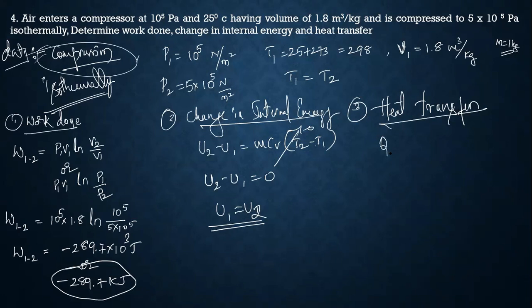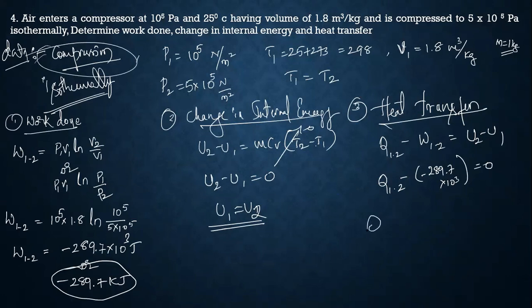Next, the third one is heat transfer. After applying the first law of thermodynamics, Q1 to 2 minus W1 to 2 is equal to U2 minus U1. W1 to 2 is minus 289.7 into 10 to the power of 3, and U2 minus U1 is 0.